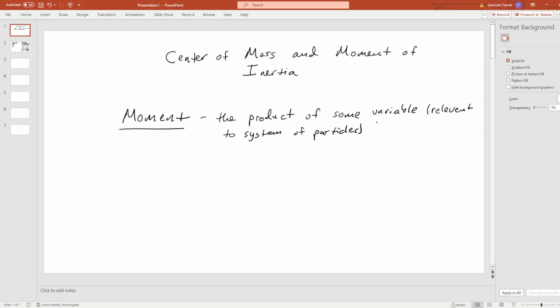Or it's the product of that variable and a distance from an axis of rotation. So you have to specify the axis about which you're going to be rotating for a moment to have some sort of meaning.